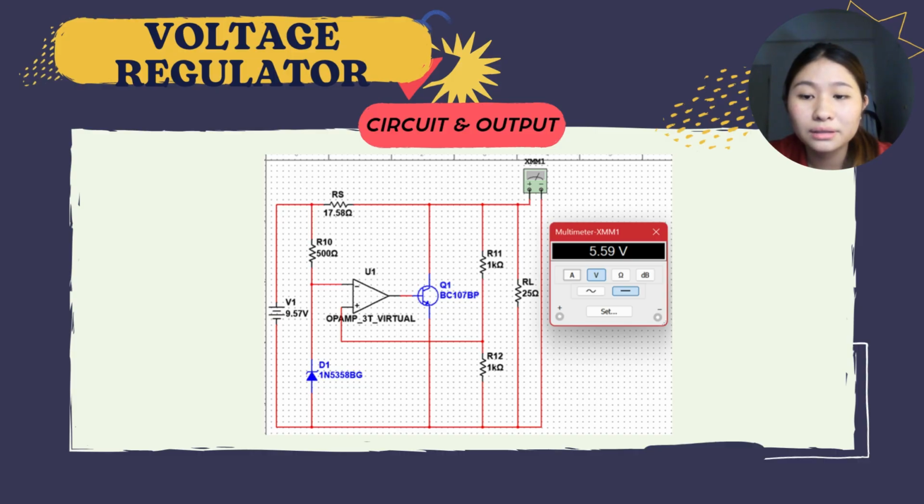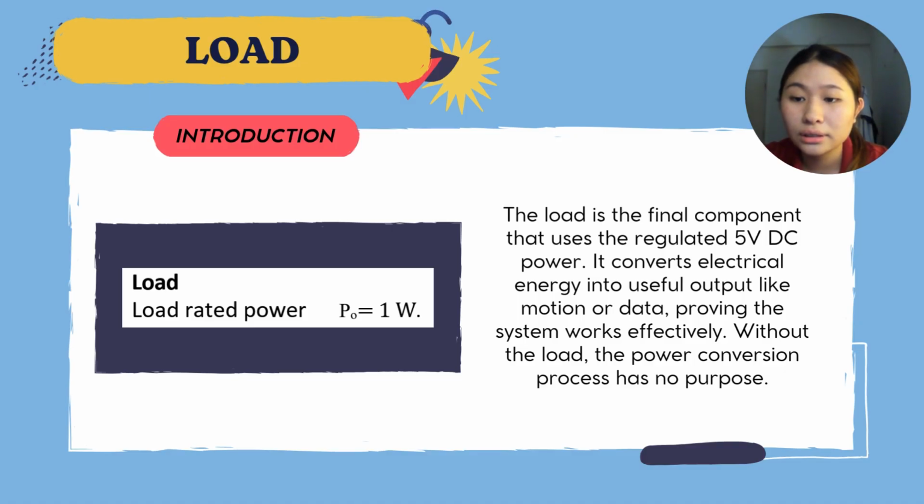The expected output voltage is 5 volt based on the circuit design, but the simulation shows 5.59 volt. This slight difference may be due to the ideal assumptions made during calculation.